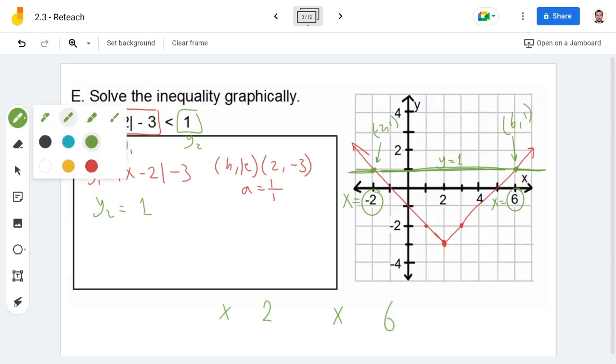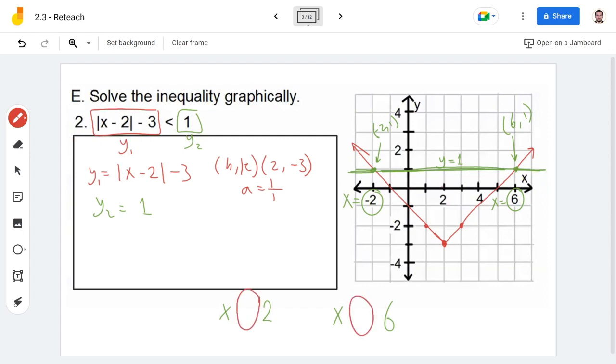So now what type of inequality am I going to use here or here? First of all, you need to think about this. Look at the inequality in the question. Is it greater than or less than? It's saying less than, because less than means we are going down.